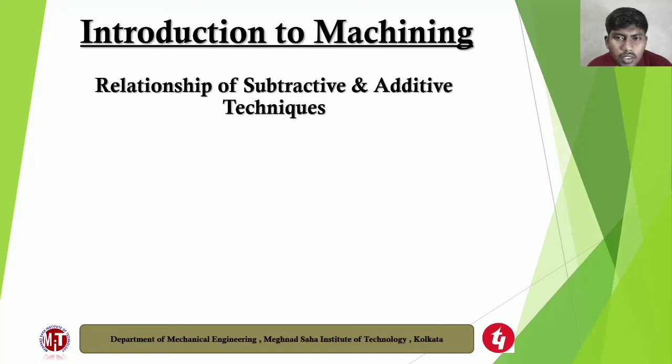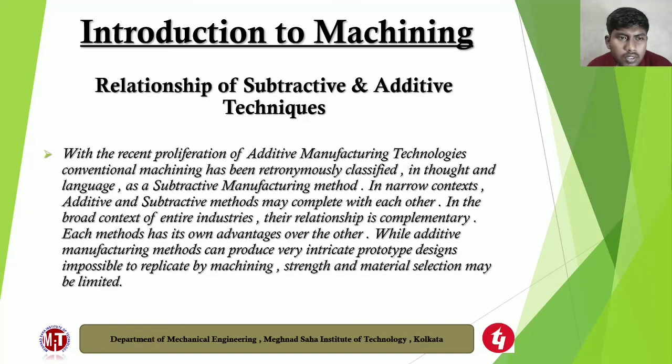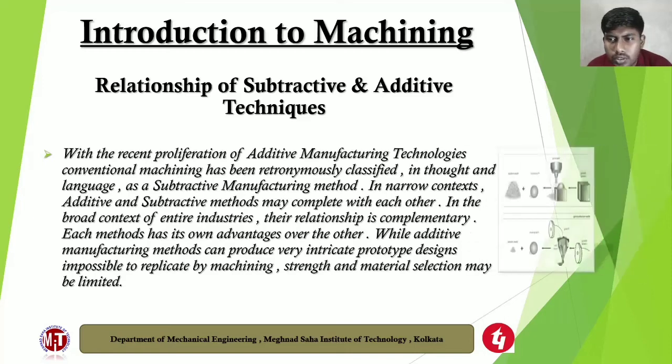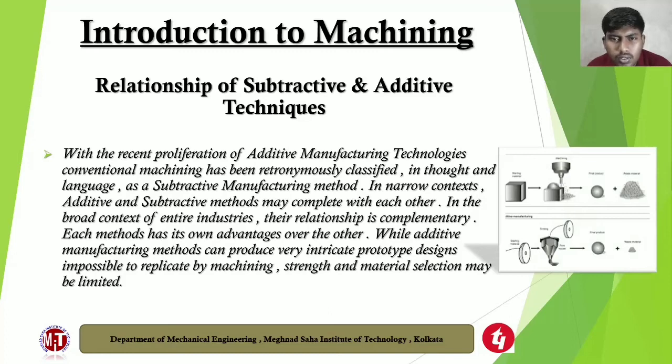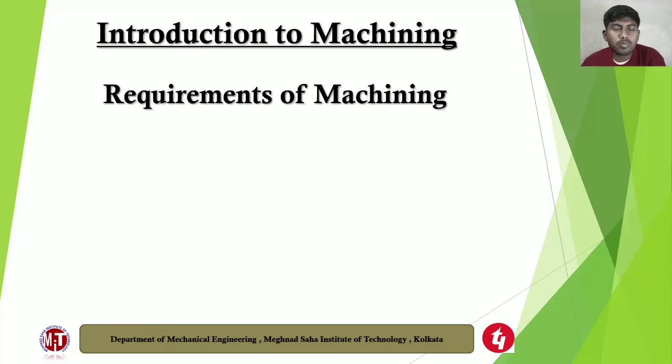Now the relationship of subtractive and additive techniques is given here, and one picture of this is given here. Now requirements of machining. The tool should be much harder than the workpiece.